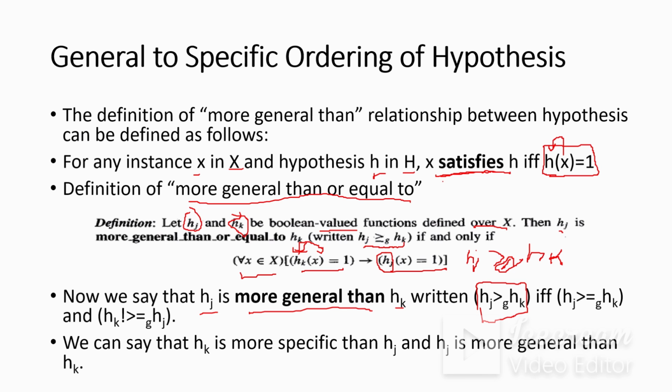This holds if and only if Hj is more general than or equal to Hk, but Hk is not more general than or equal to Hj. If Hj is more general than Hk, then we can say that Hk is more specific than Hj, and Hj is more general than Hk.